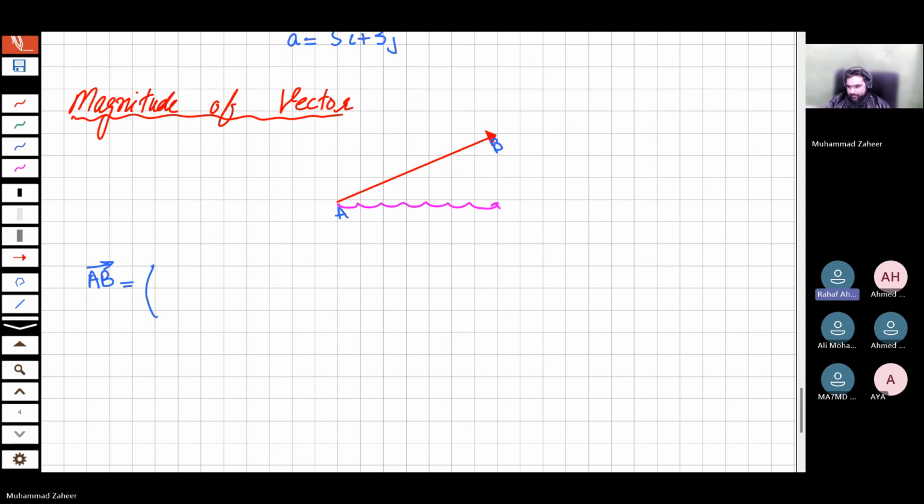X is going to be positive 7. 1, 2, 3, 4, 5, 6, 7. And Y is positive 3. So (7, 3). And if I write the same vector in ij form, that will be equal to 7i plus 3j.